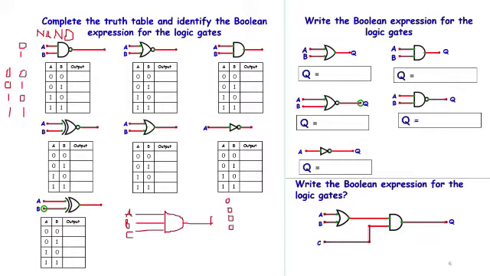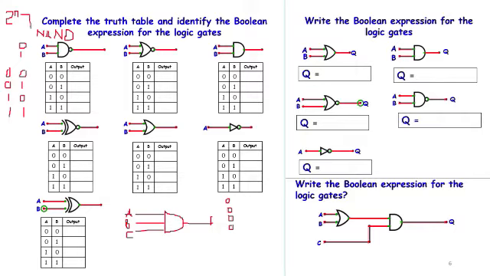It's always 2 raised to the power n, where n is the number of inputs. For example, if you have 2 inputs, then it will be 2 raised to power 2.